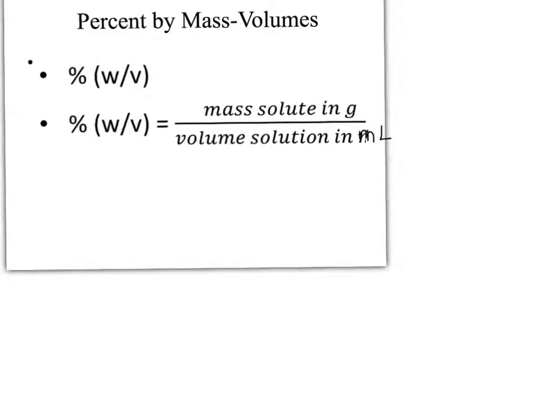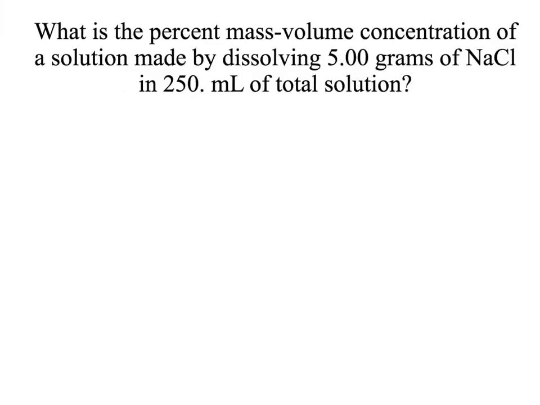Alright, and now our percent by mass volumes. This one is kind of intuitive here. It sounds strange, but here it is. We represent that by percent W divided by V, or weight divided by volume. So how we measure that is our mass of solute in grams divided by our volume of the solution in milliliters. So our example here is, what is the percent mass volume concentration of a solution made by dissolving 5 grams of sodium chloride in 250 milliliters of total solution?